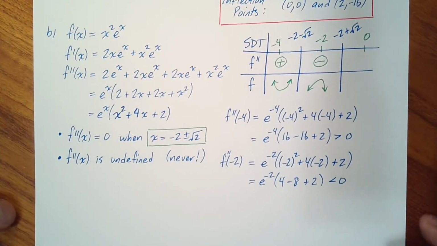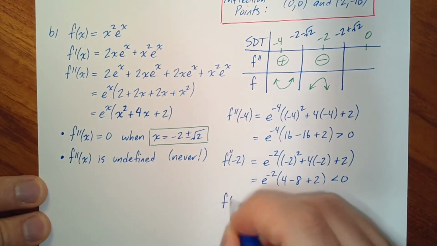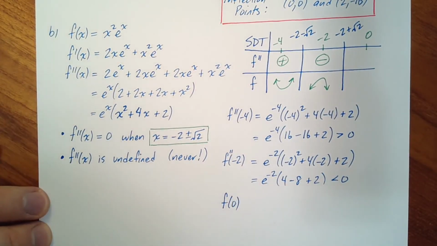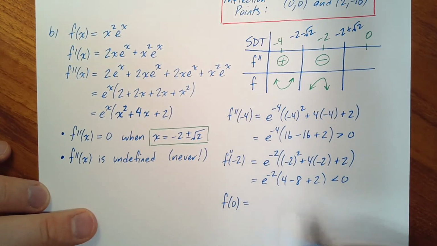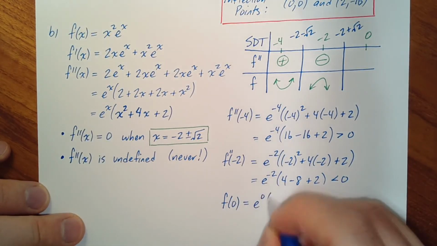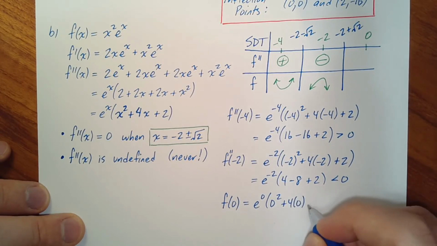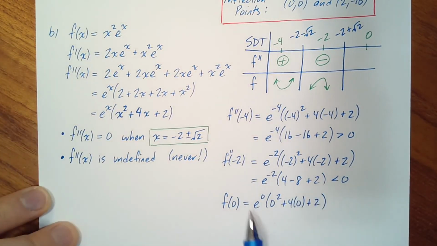And then lastly now, our last value of 0, plug in 0, and we're going to get what? Well, plug a 0 in here, we'll have e to the 0, then 0 squared plus 4 times 0 plus 2. Okay, so that's going to be positive.